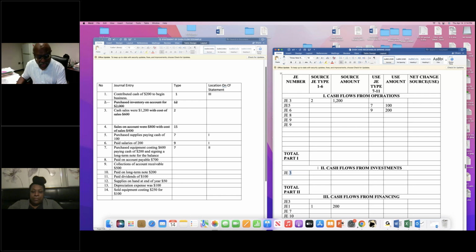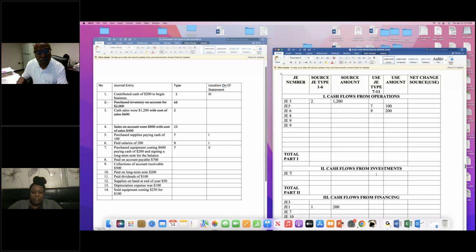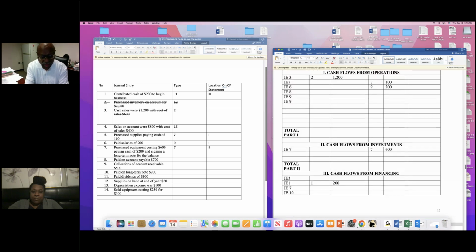And so it's going to be a 7 for $600. On long-term assets, I always like to know the original cost. The long-term note is also going to be down here, but it's going to be a source of cash. So the type would be 6, where we borrow money.